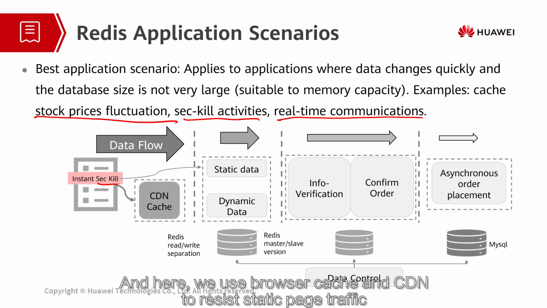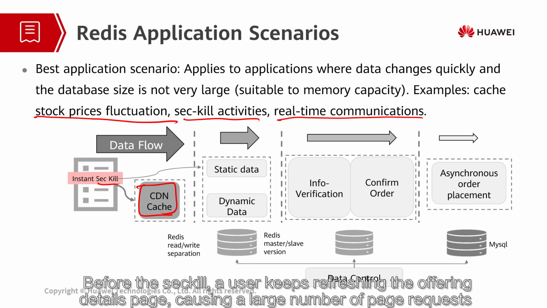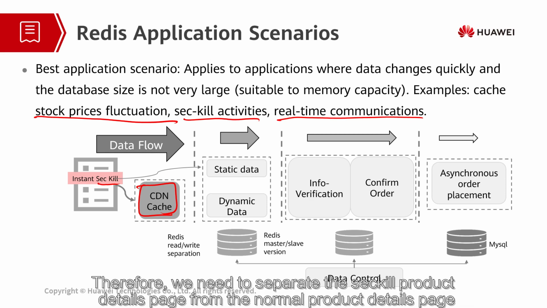And here, we use browser cache and CDN to resist static page traffic. Before the set queue, a user keeps refreshing the offering details page, causing a large number of page requests. Therefore, we need to separate the set queue product details page from the normal product details page.